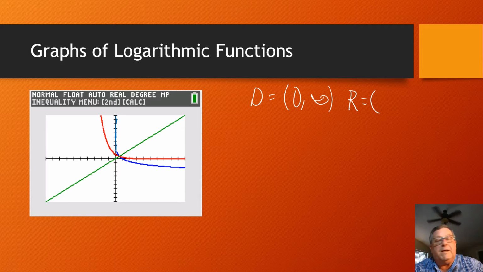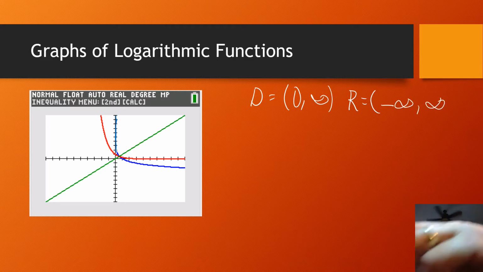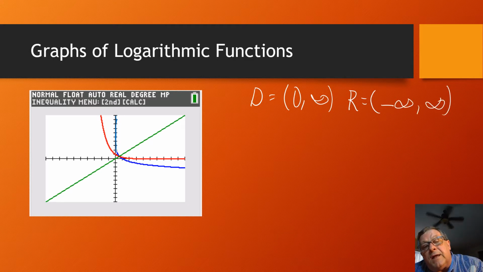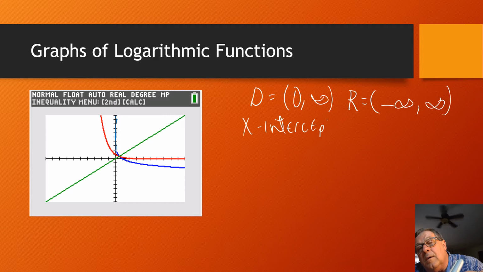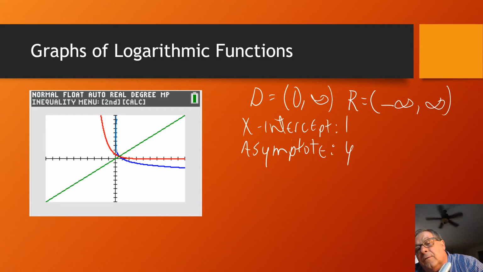So then my range is still negative infinity out to infinity. I still have an x-intercept at 1. I've got an asymptote again at the y-axis.